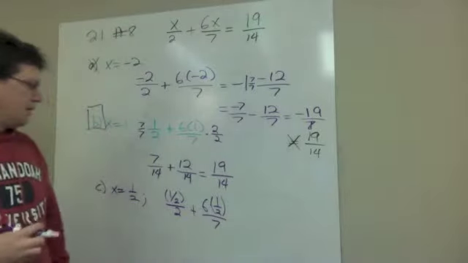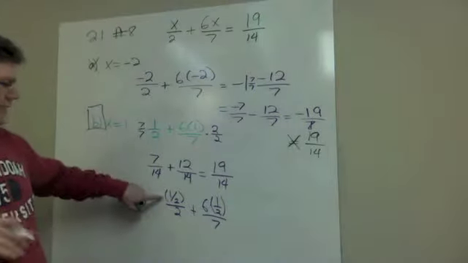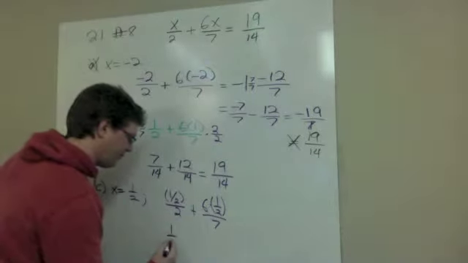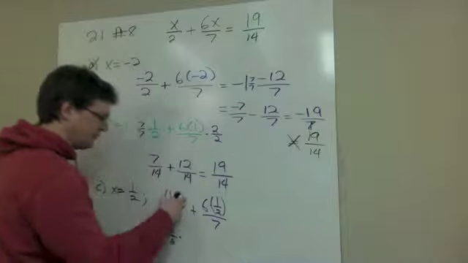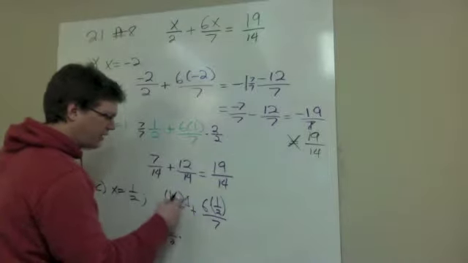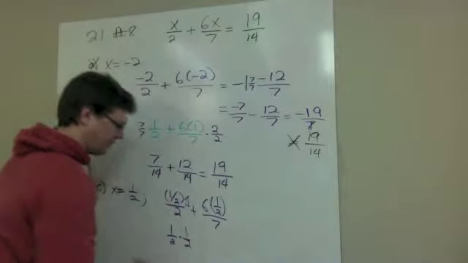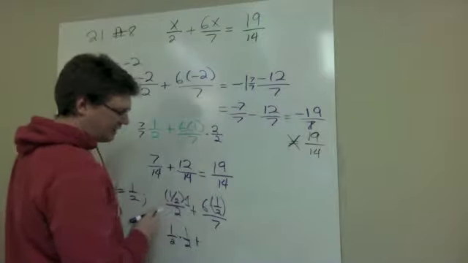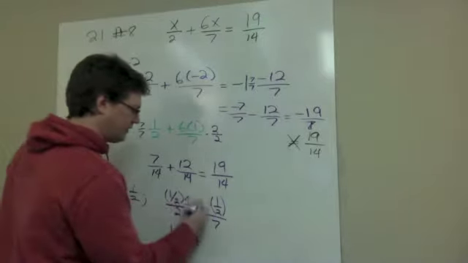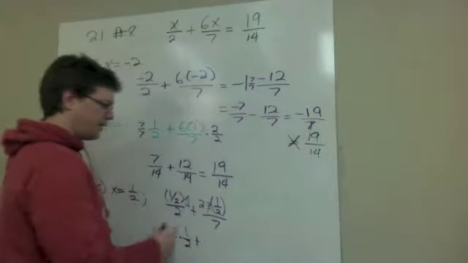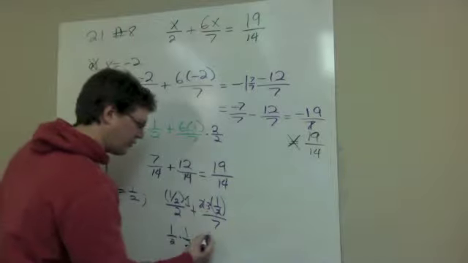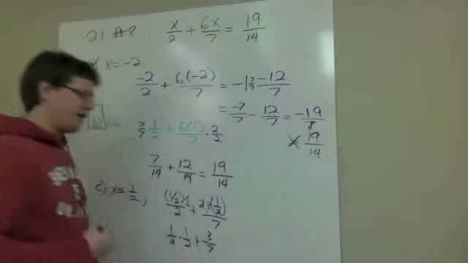Now fractions, we don't want those on the top, but if the fraction is on the top, we're going to get 1/2 times, we're left with the 1 that we always have everywhere, times 1/2, plus 6 times 1/2. Well, 6 is 2 times 3. And we have a 2 on the top and the bottom, so those 2's will cancel out, leaving us with a 3 on the top and a 7 on the bottom.